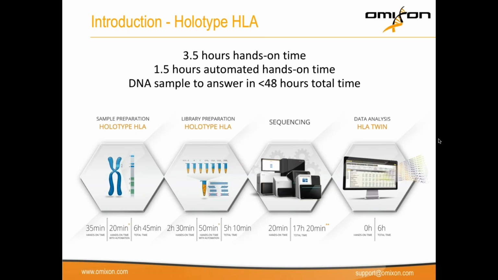The workflow can be broken down to 4 parts: the sample preparation part, the library preparation part, sequencing, and data analysis on HLA Twin, where our focus will be today. And on that note, Libor, can you please walk us through the new features of HLA Twin?